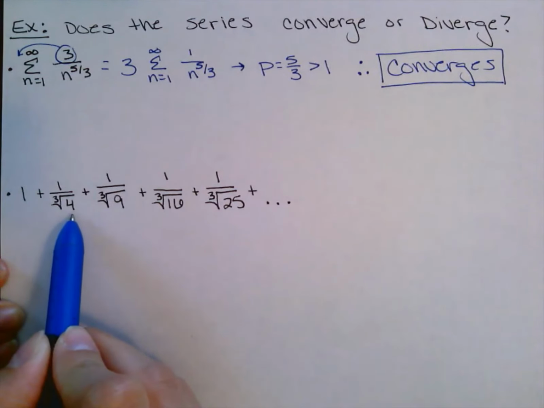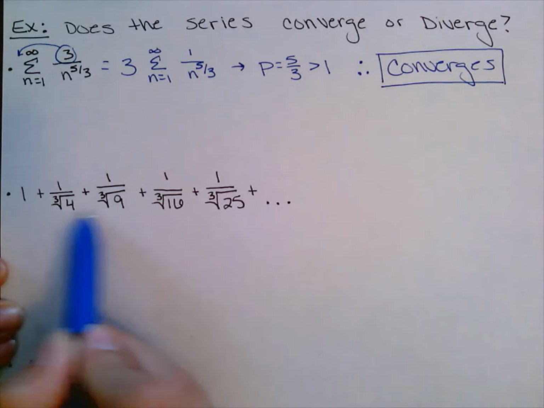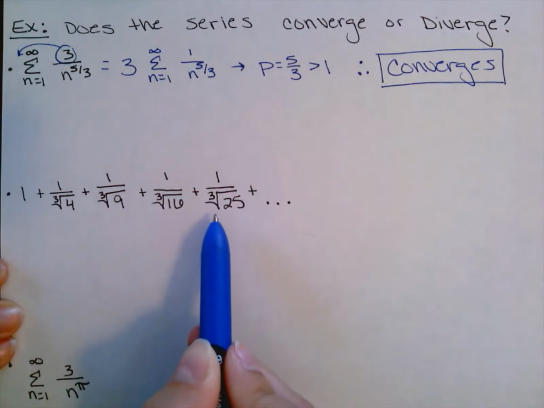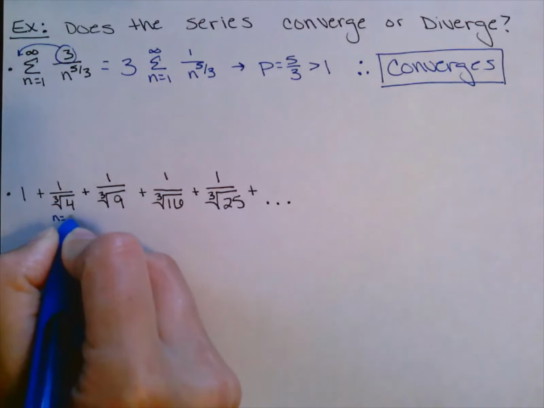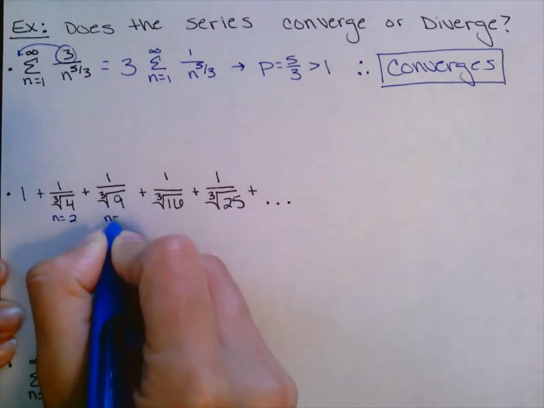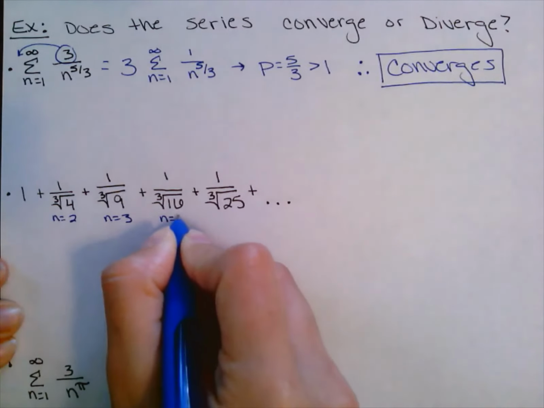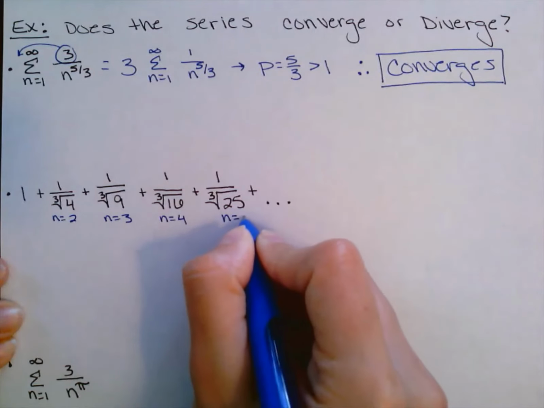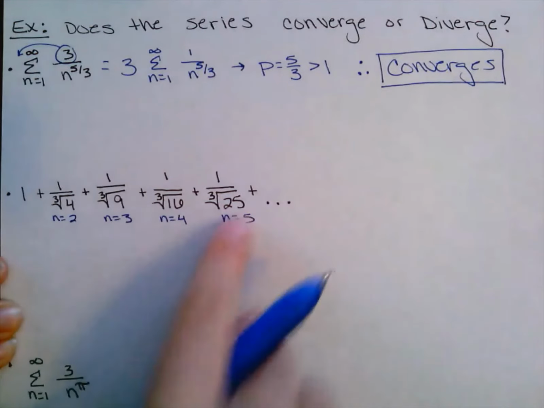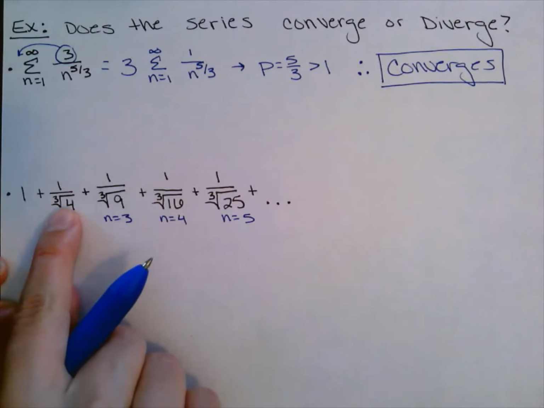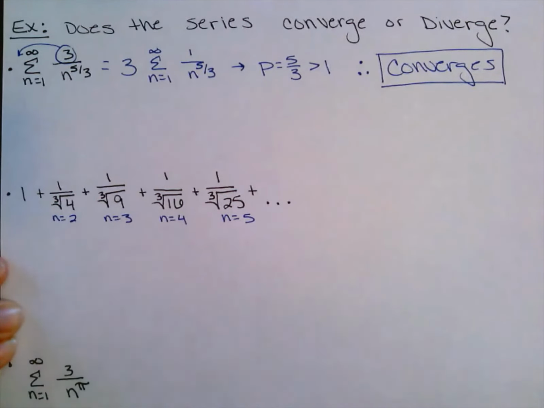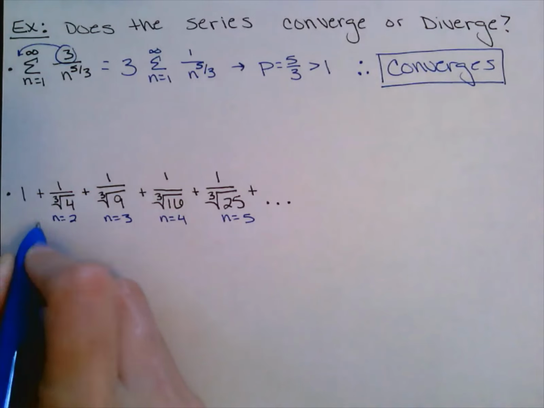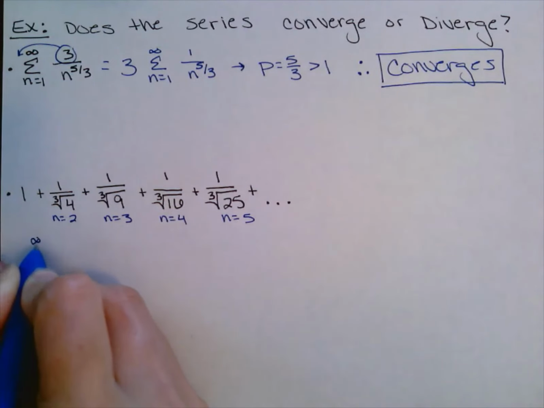The insides of the cube roots are different numbers, 4, 9, 16, 25, okay? If I try to analyze the pattern there, if this is my second term, this is my third term, this is my fourth, and this is my fifth, what relationship do those numbers have? Well, I know that 2 squared is 4, 3 squared is 9, 4 squared is 16, and 5 squared is 25.